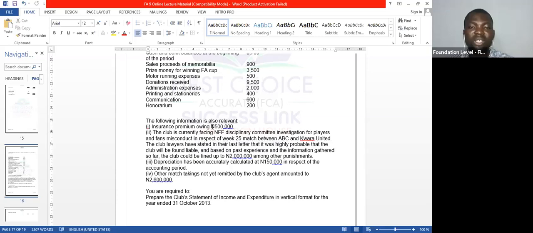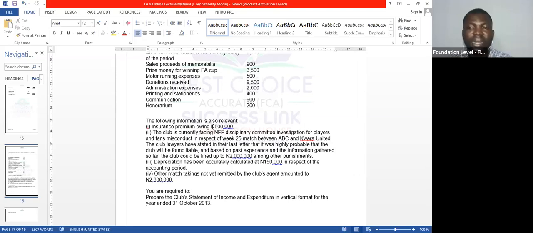The club lawyers have stated in their last letter that it was highly probable that the club will be found liable, and based on past experience and the information gathered so far, the club will be fined up to 2 million among other punishments.